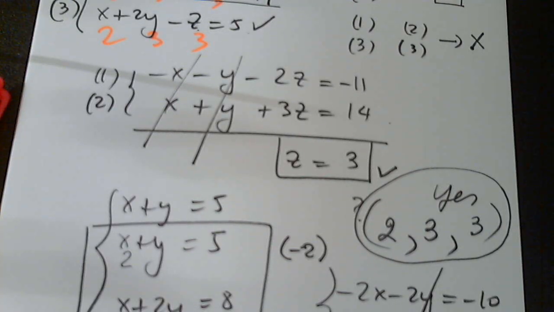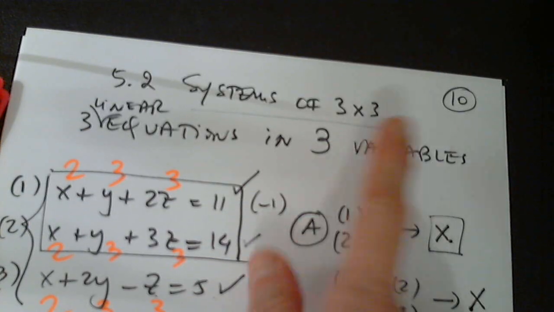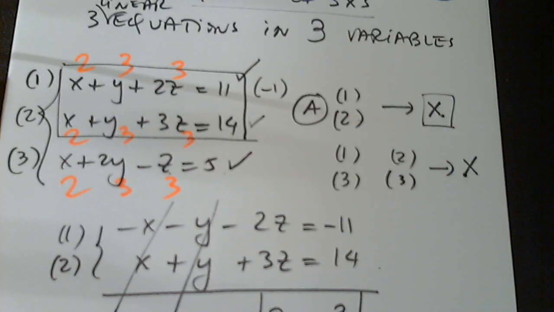Yes, of course. These systems are more involving than the previous 2 by 2. The 3 by 3 systems require more work than the 2 by 2, 2 equations in 2 variables. 3 equations in 3 variables is more work, as expected.